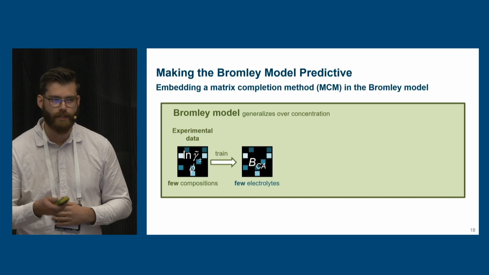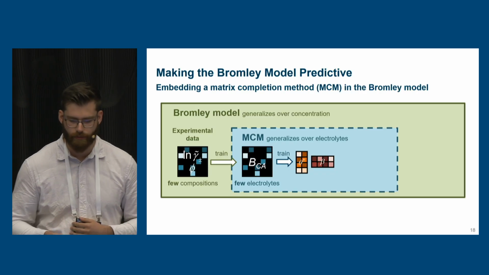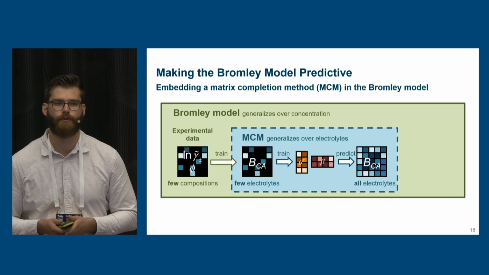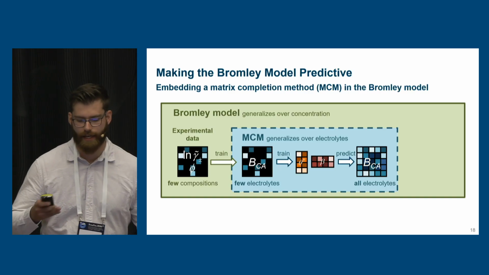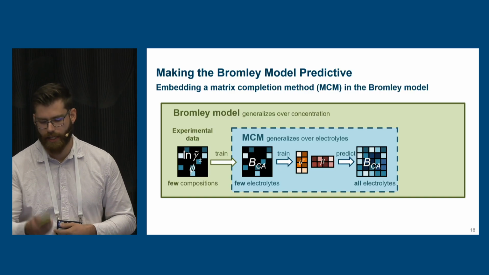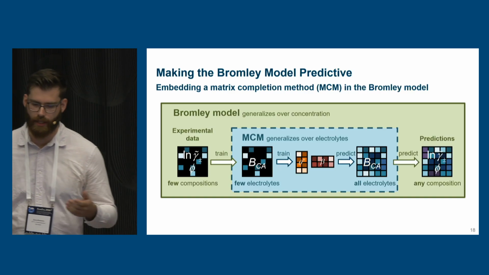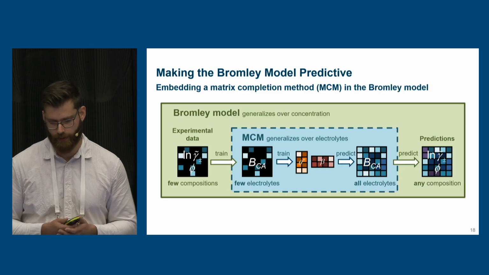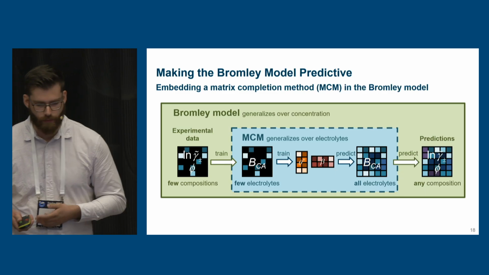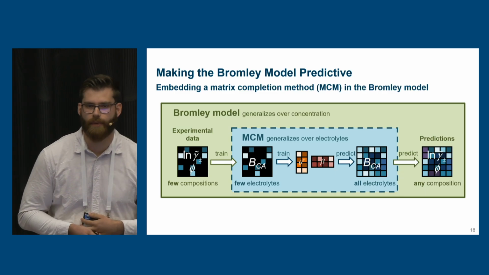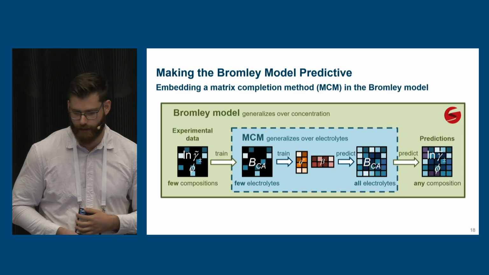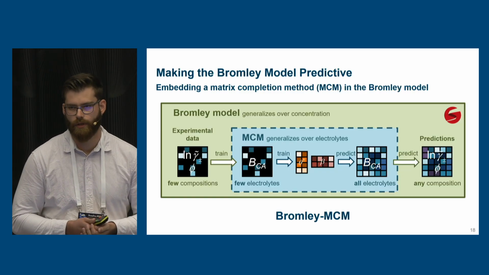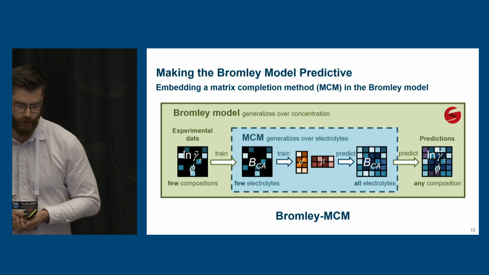Using a Bayesian matrix completion method, as Nicholas has already shown you, we can complete this matrix so that we now have a predicted Bromley parameter for every pair of every cation and every anion in our matrix. We can use Bromley's model to then calculate the activity coefficient as a function of concentration for any of those electrolytes. We train this model end-to-end on the experimental data. All of this is done in Stan, and we call this model the Bromley MCM, which we've evaluated using a leave-one-out cross-validation.